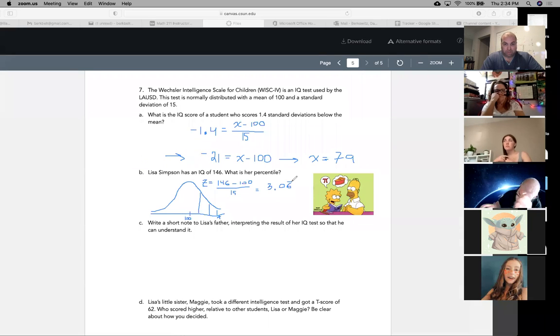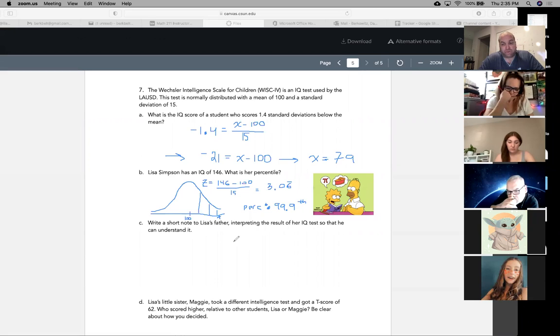So we want to see how much is less than 3.066666, where the mean is 0 and sigma is 1, and the answer is her percentile: 99.9. That's pretty high. A 99.9 percentile. This is a calculator calculation. You do not do this by hand.